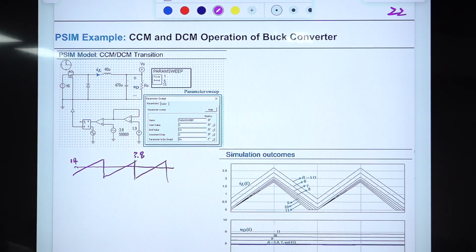During this period of time, the switch is turned on, and turned off otherwise. D should be half of this, because this is 3.8 and this is 1.9. So this line should pass in the middle of the triangular part. So D is this one.